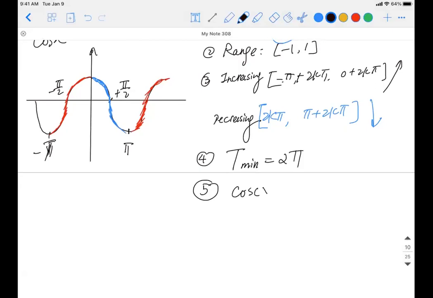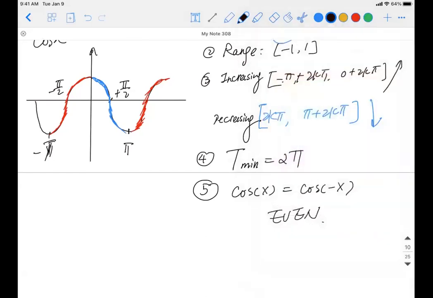So cosine x is equal to cosine minus x. This is an even function. Okay, so far so good. I think you should already have learned these basic definitions in school, but these are very understandable.